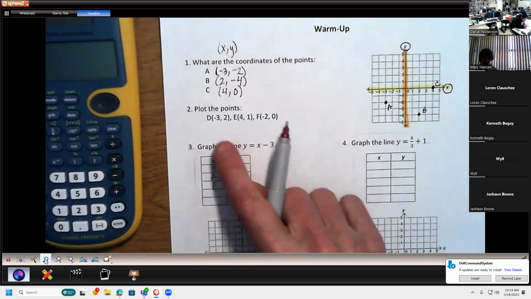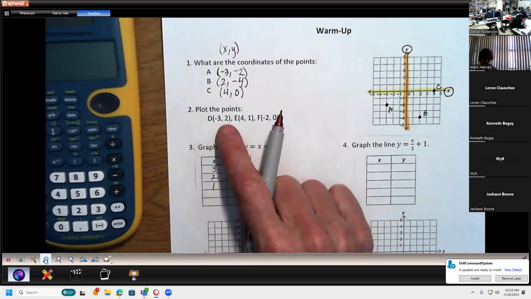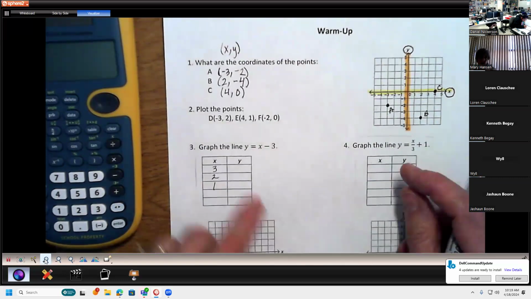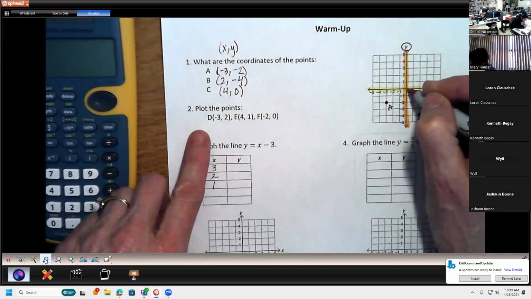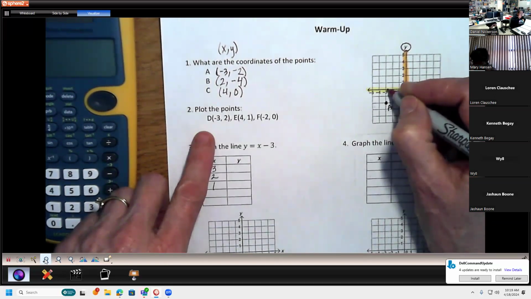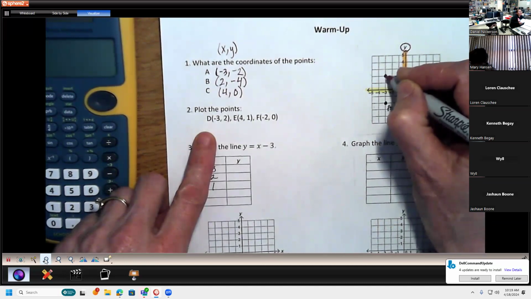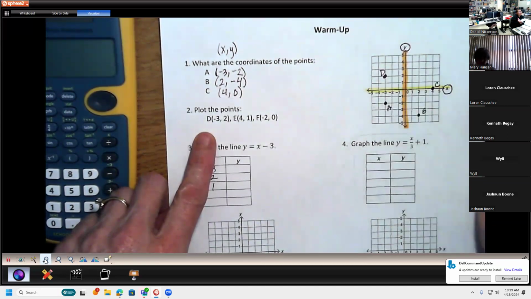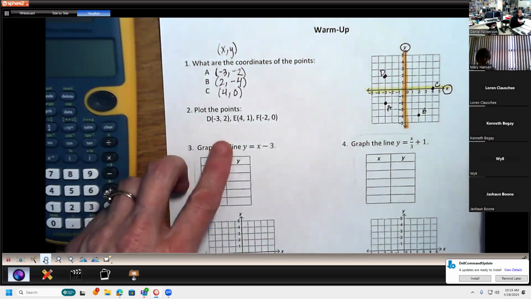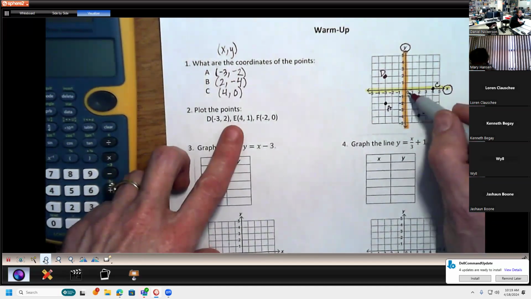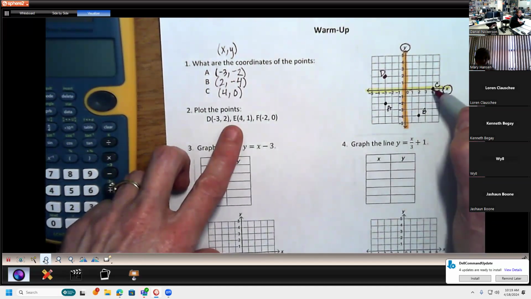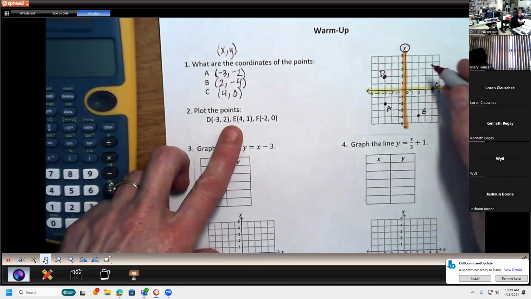Now the second thing it then asks you to do is plot these points. Point D, -3, 2. That means I start at the middle and I go 1, 2, 3 to the left because that's negative, and I go up 2. And so point D should be up here. Point E, I start at the middle, I go to the right 4 and up 1.